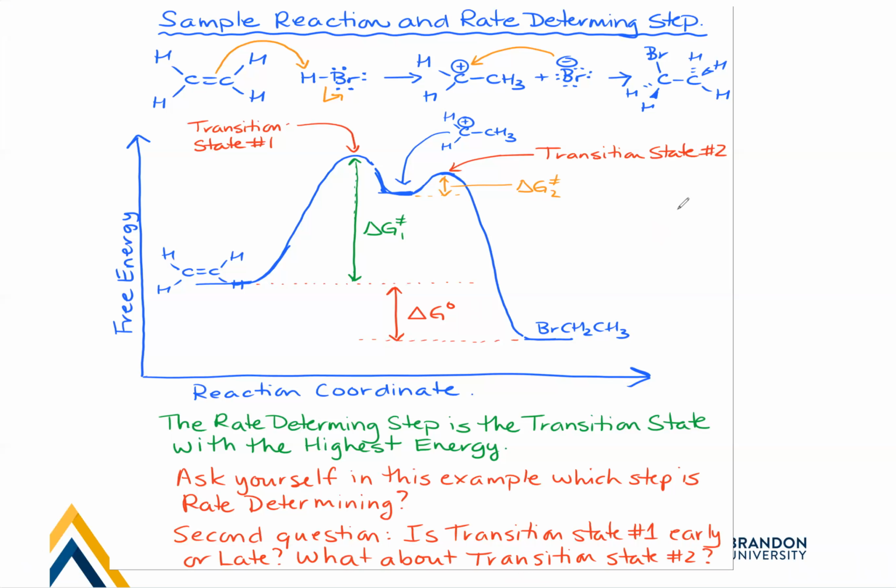There is one intermediate. The overall process is endergonic. And the rate determining step is the second step.